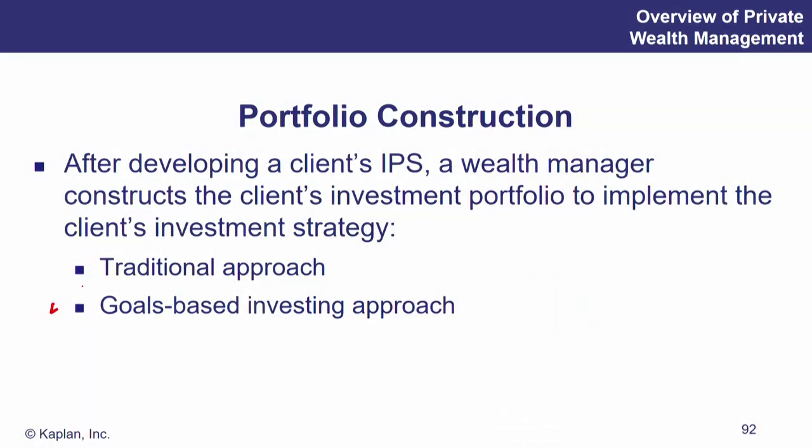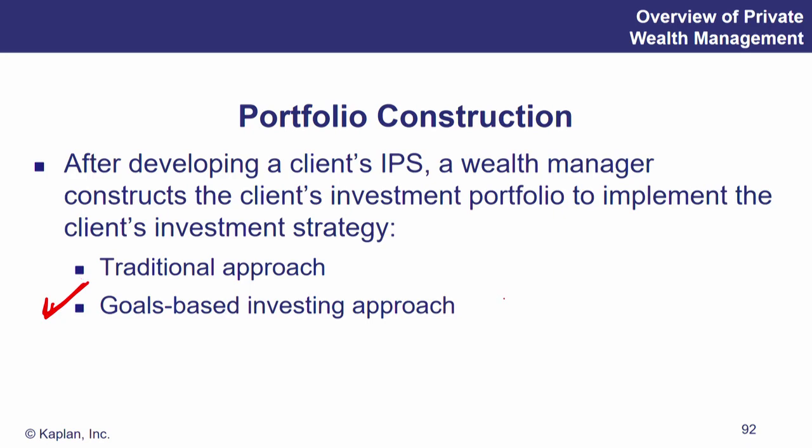Well, there's one problem with the traditional approach. What do you do when the client calls you to sell all the stocks, or keeps changing the portfolio because they can't sleep at night? Well, the CFA acknowledges that what's going on in the industry is that the traditional approach may not work for everybody. So I'm very happy to see the goals-based investing approach being brought into the material. So what does this mean?